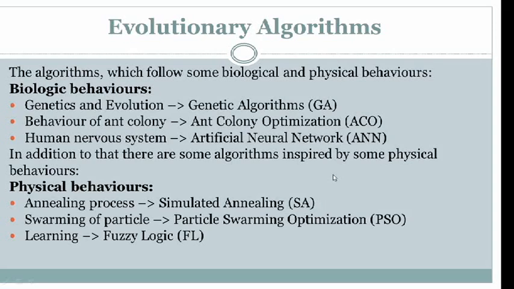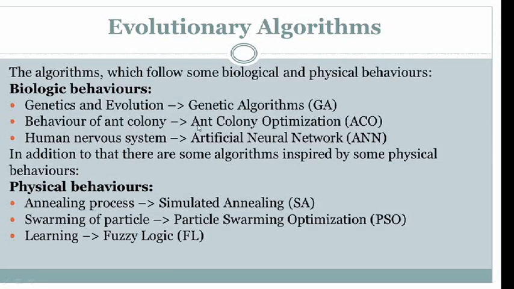Now from where did the evolutionary algorithm start? The evolutionary algorithm actually imitates the nature of animal behavior. Some biological behavior, that is genetics and evolution, innovates the genetic algorithm.